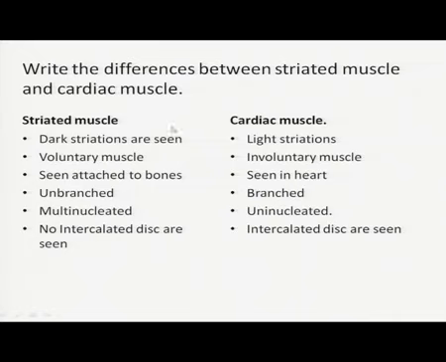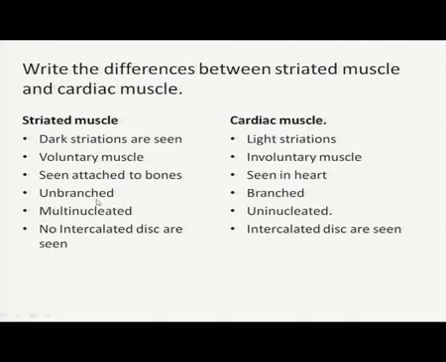Now, compare your cardiac muscle with that of striated muscle. Striated muscle, how does it differ from cardiac muscles? Striated muscles have dark striations, cardiac muscles have light striations or faint striations. Striated muscle is voluntary, whereas cardiac muscle is involuntary. Striated muscles are seen attached to the skeleton or bones, and cardiac muscles are seen in the heart.